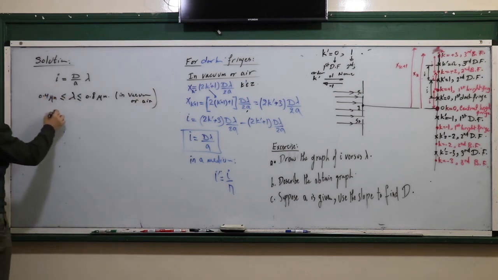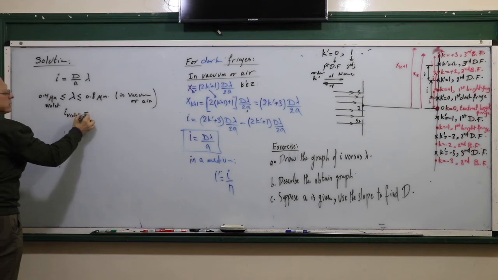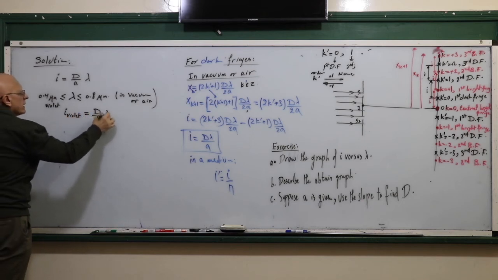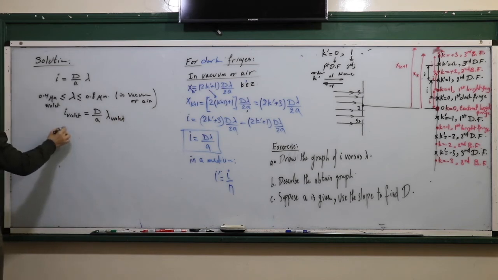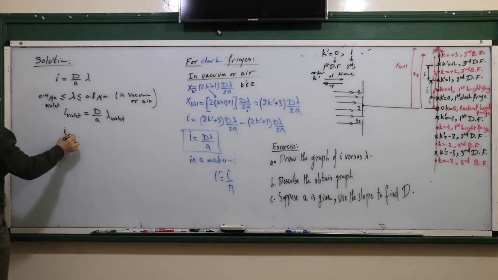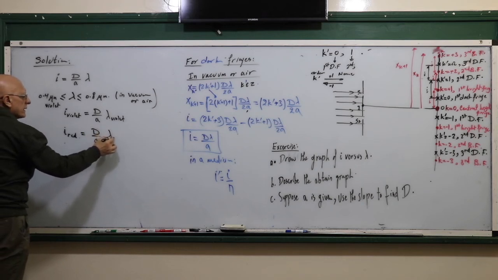The minimum is violet. So I violet gives me D over a lambda violet. Well, the maximum is I red, which gives me D over a lambda red.